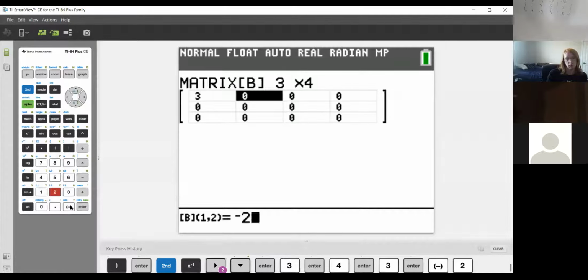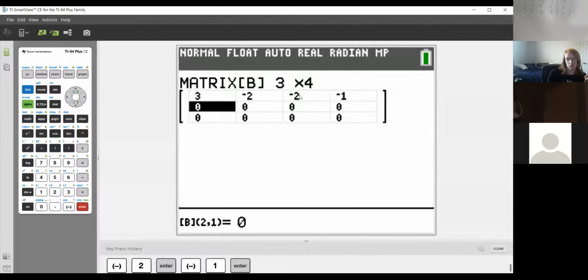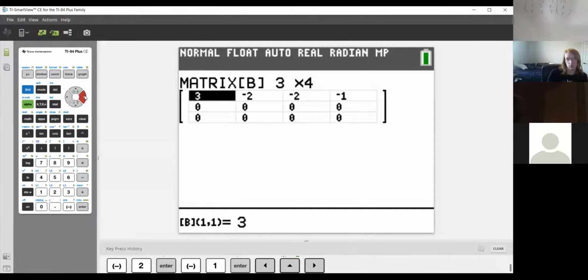Not minus 2, negative 2, because that's a big difference. Okay, negative 2, negative 2, negative 12.